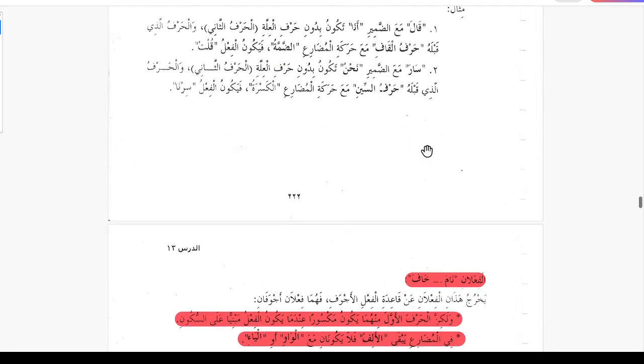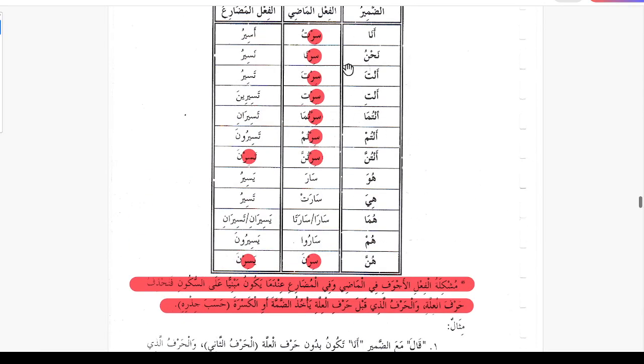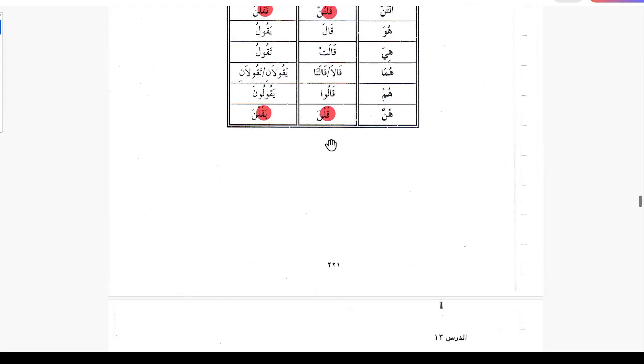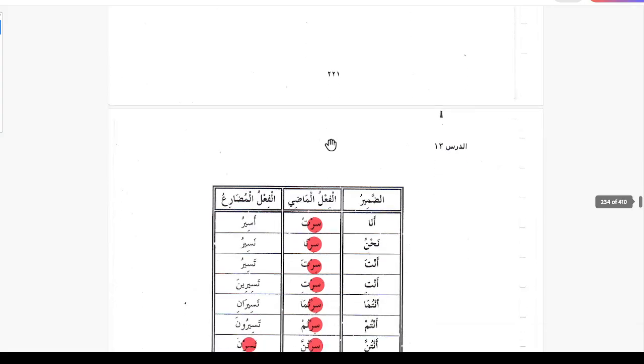Like here we said, in the case of the past tense, where the fail is mabni ala sukun, it changes to kasra or damma, depending on the present tense.